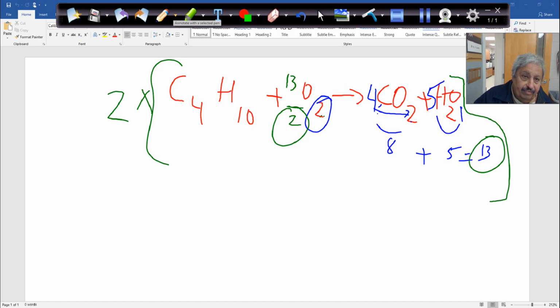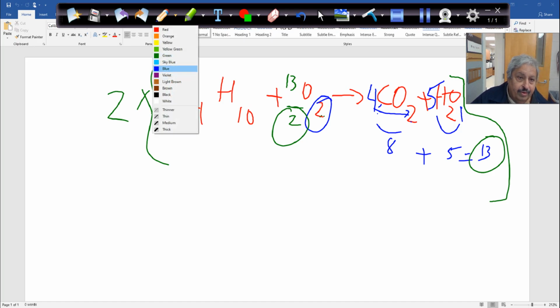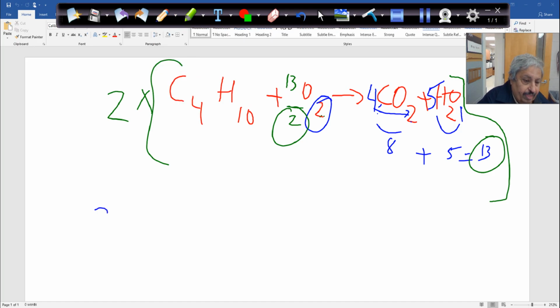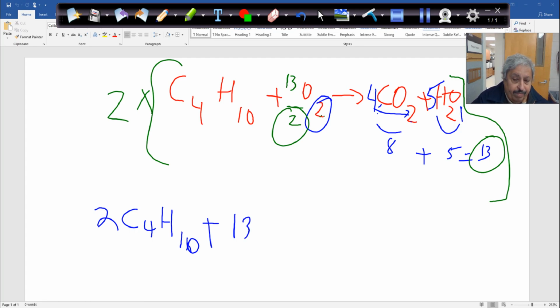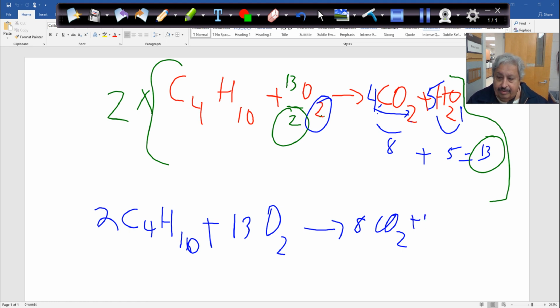So then I have 2 C4H10, 2 multiplied by 13 over 2 is 13, 2 multiplied by 4 is 8 CO2, 2 multiplied by 5 is 10.